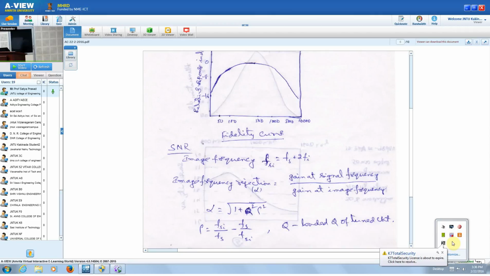Okay, this is 2 point something, and this is Fs minus Fi. This is going to be 800 by 1710, point half, 1 by 2 approximately. So this one can be regulated so that half is equal to 120 approximately.